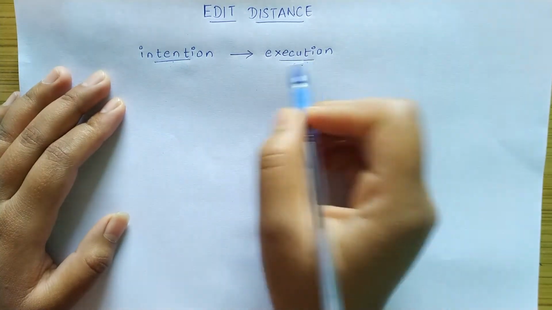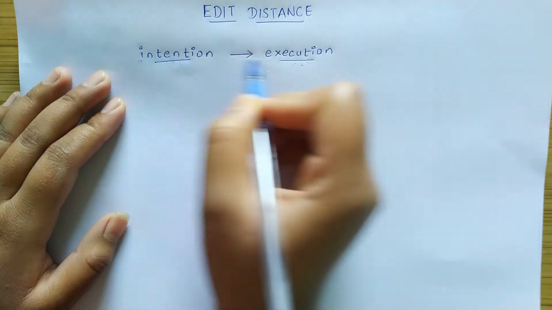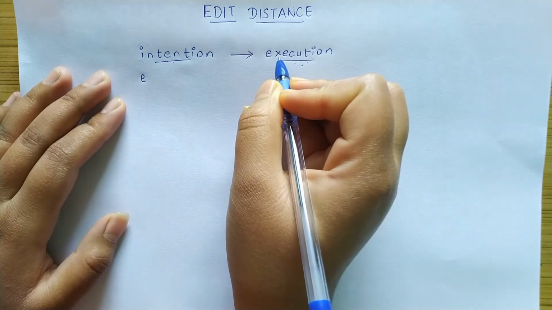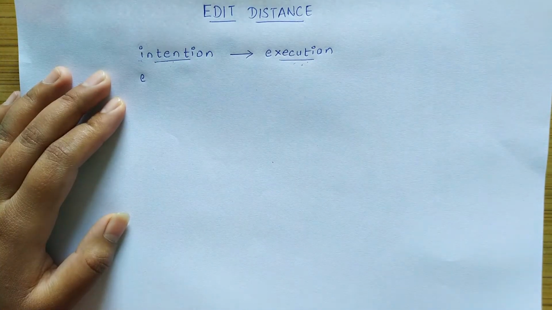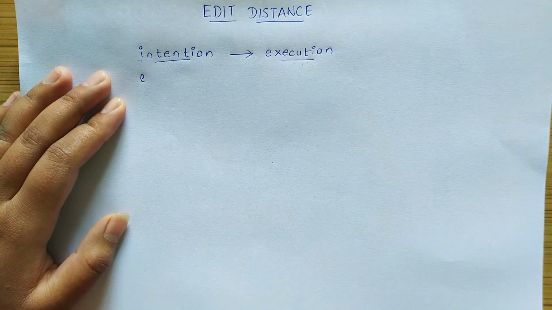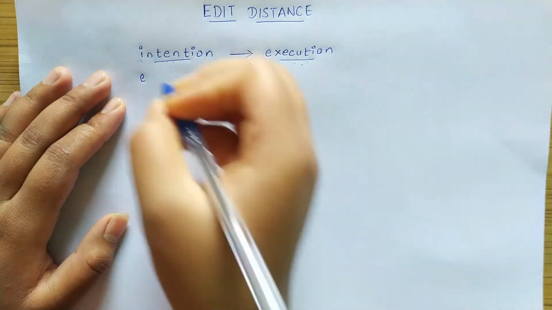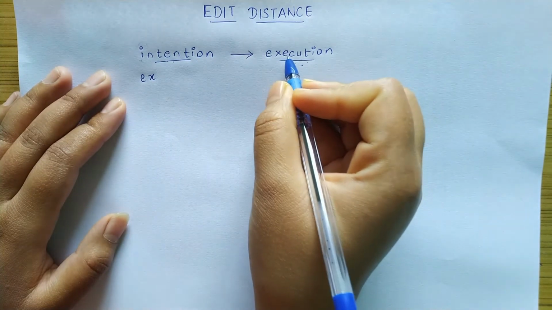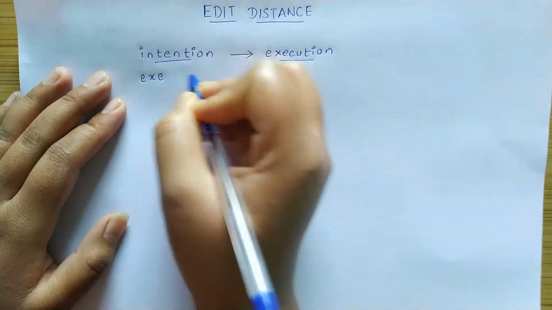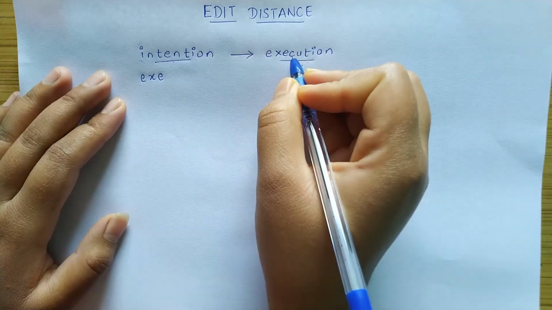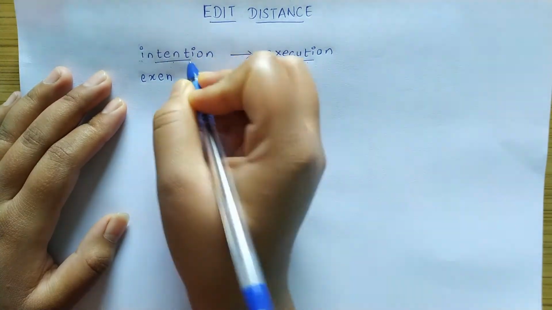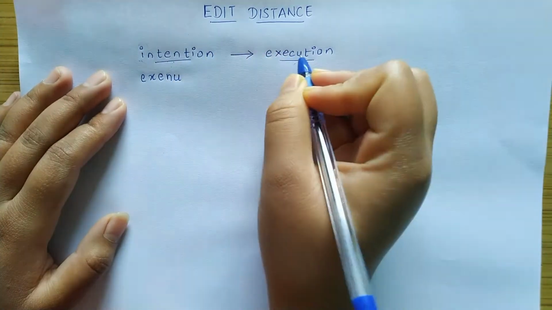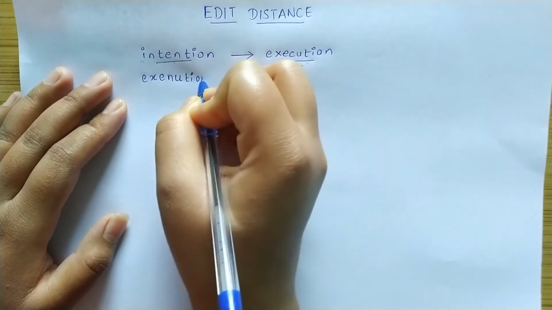For this problem, we can see if we replace I with E, then N is replaced with X, and then T, we remove T so that we can get E. So we have EXE, and then we have N, so we replace C with N. Then we insert U, and then T-I-O-N is the same.